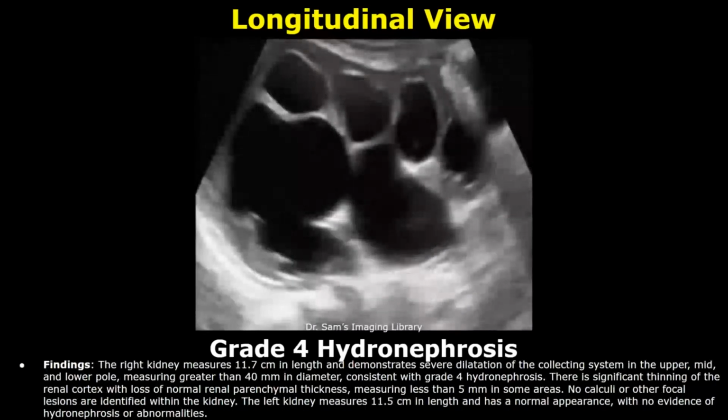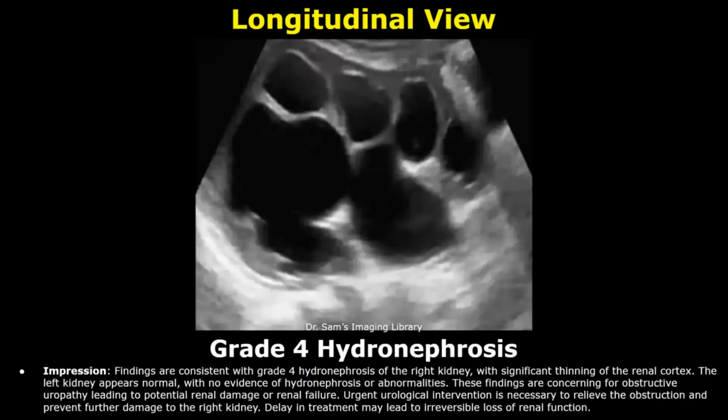In grade 4 hydronephrosis, there is severe dilatation of the collecting system and there is significant thinning of the renal cortex with loss of normal renal parenchymal thickness, which in this case was less than 5 millimeters in some areas. And here is the impression.